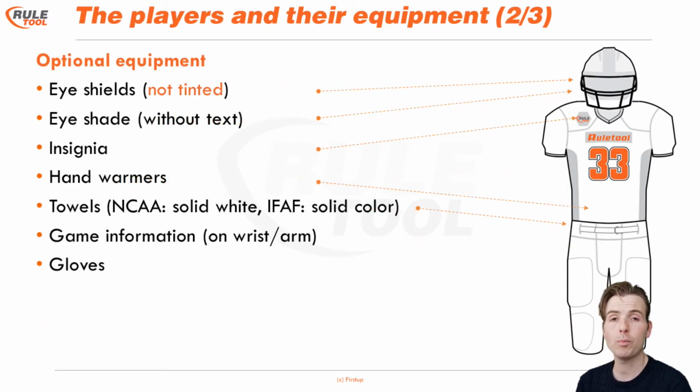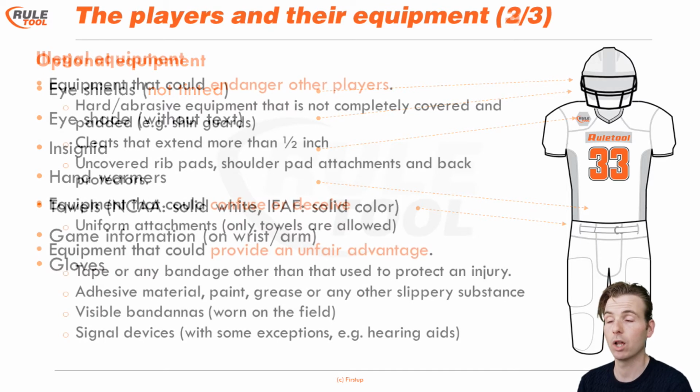This is a list for optional equipment. Eye shields are optional, but they may not be tinted. Eye shade is optional, but it should not have any text on it, for example for commercial purposes. Hand warmers, towels, game information maybe on the wrist or arm, and gloves. And there are no regulations anymore related to the color or design of the gloves.